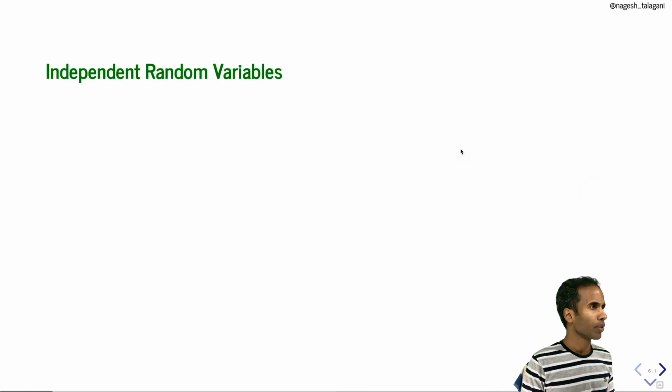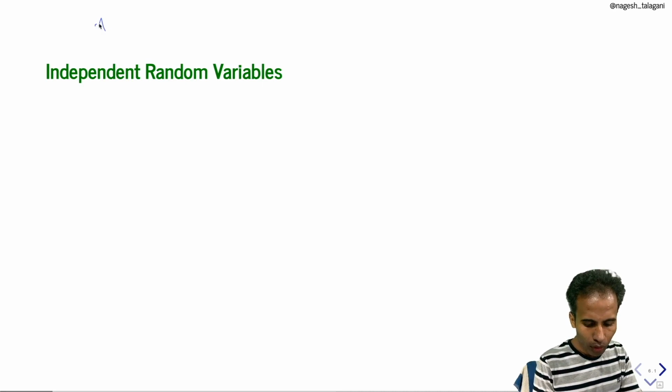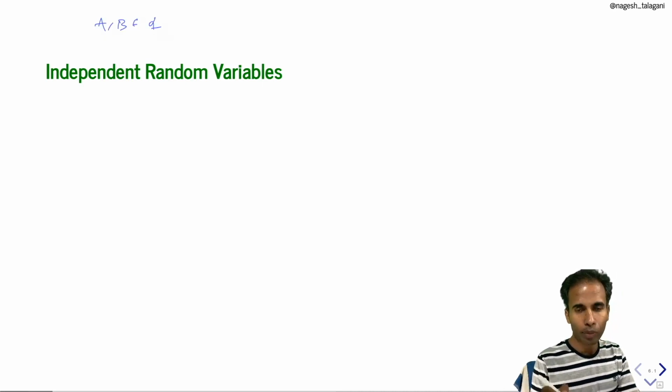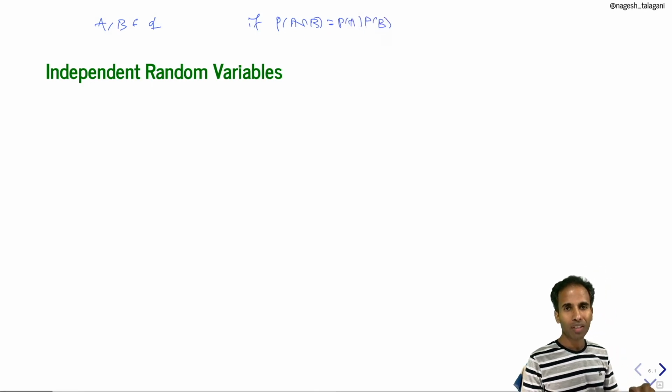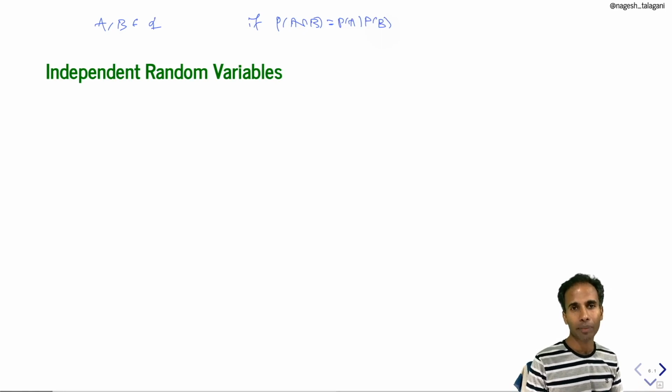Independent random variables. We already know the meaning of two events being independent, right? What is the definition? Two events A and B in event space script F are said to be independent if the probability of A intersection B equals probability of A times probability of B. This is the definition for saying that two events A and B are independent.